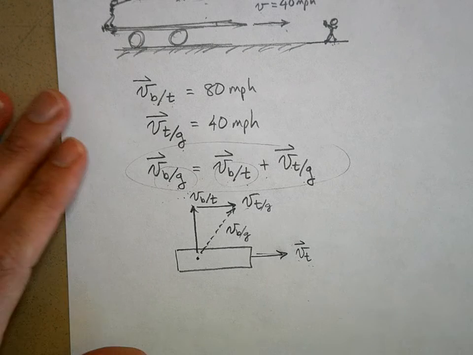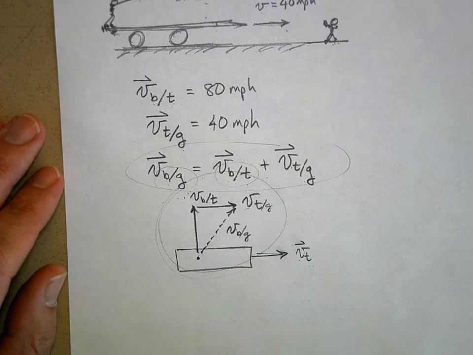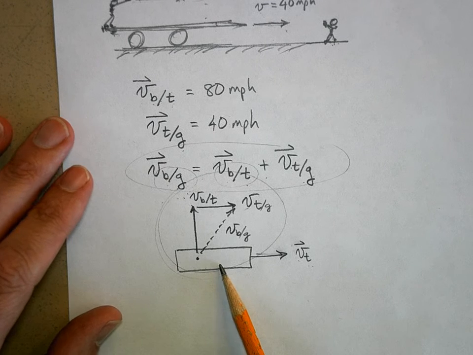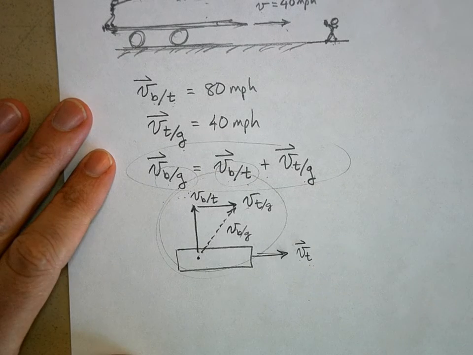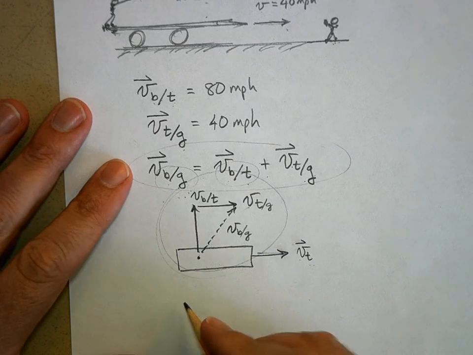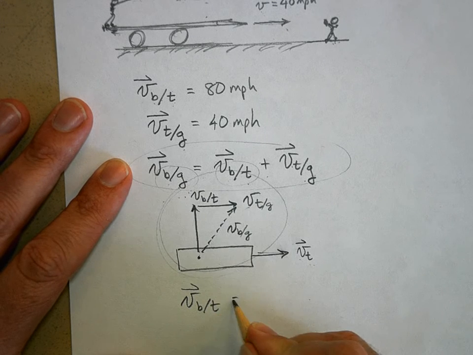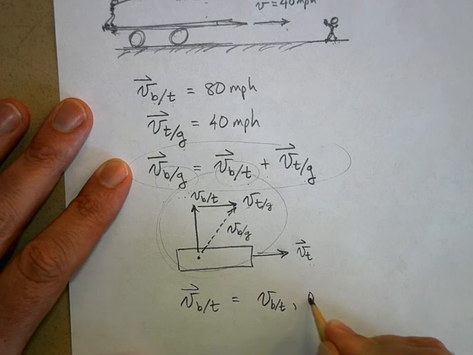Now, this triangle is the key to solving all these problems. Drawing this triangle. Based on what's given, you have to read the problem very carefully and figure out what's given. Because here's what you can do. The velocity of the ball compared to the train: it's going to have a speed and a direction, isn't it?